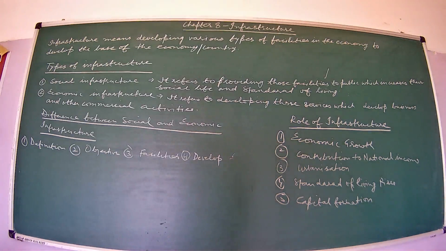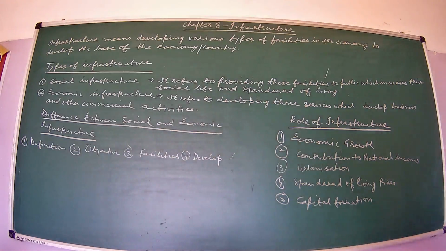Good infrastructure is required to attain the economic growth of the country. Economic growth depends on the development of various types of facilities like banking, insurance, warehouses, cold storage, transportation system, railway system, waterways, airways. So various types of economic system.